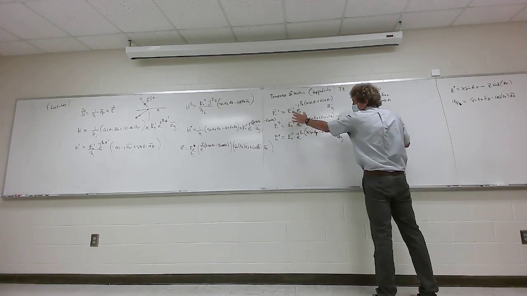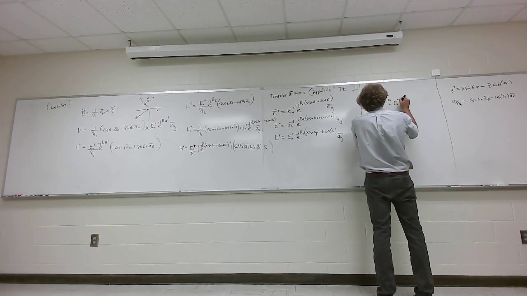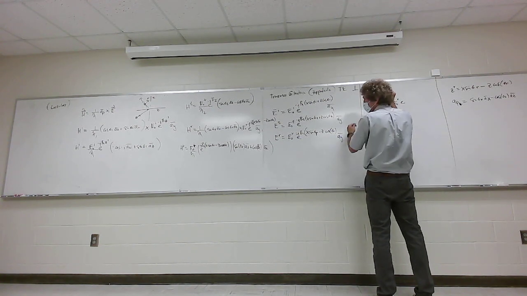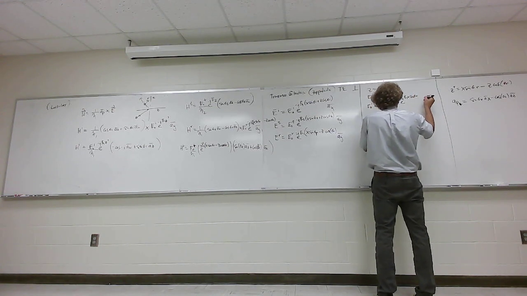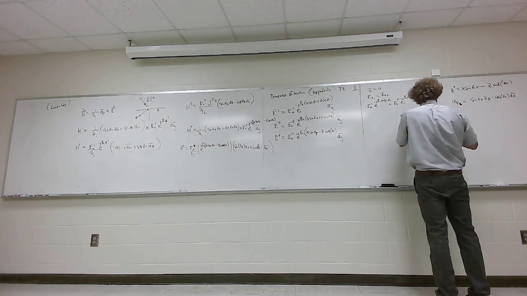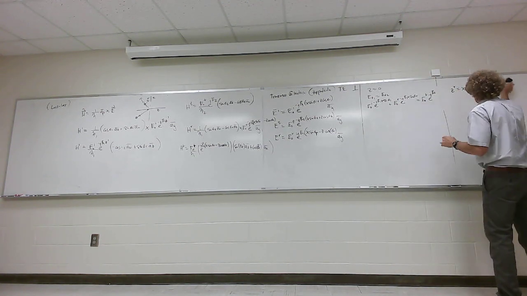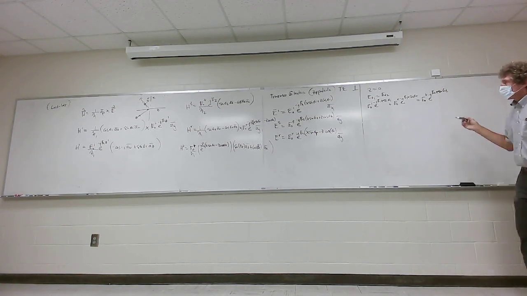That would be this incident field, but in region 1 we have a reflected field at the same point, so we have to add to it E naught reflected, e to the minus j beta 1 x times sine of theta reflected, and that has to be equal to E naught transmitted times e to the minus j beta 2 times x times sine of the transmitted angle. Now here, do y'all follow me on this?